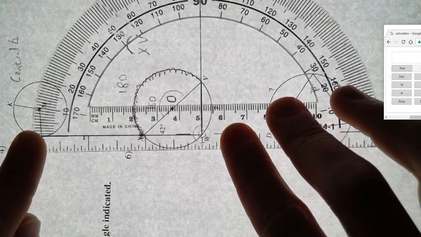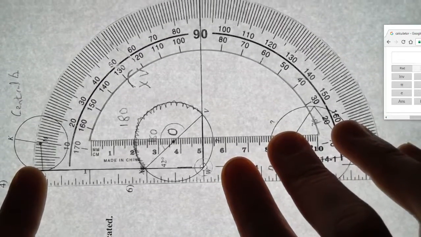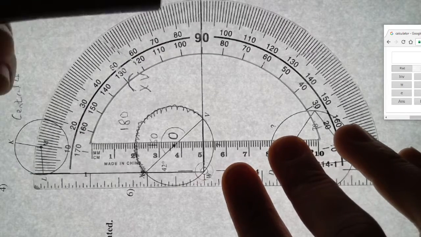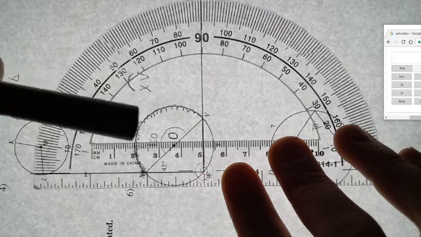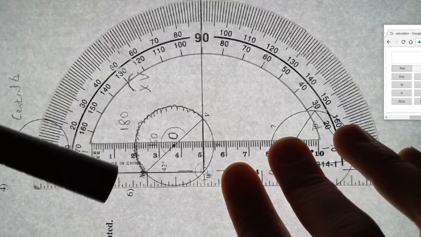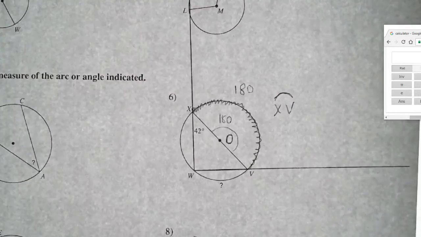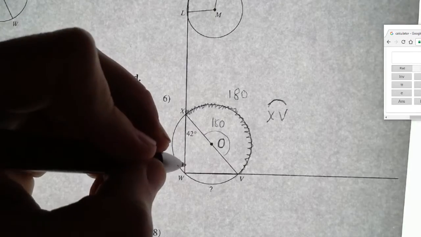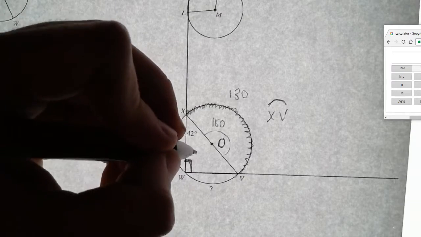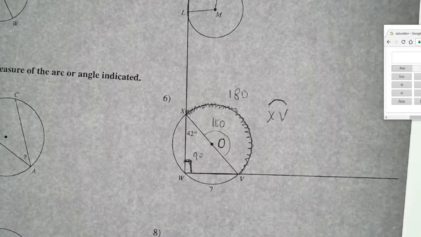And you can see, if I bring the paper down a little bit, that the measure of my inscribed angle here is exactly half of the 180. My inscribed angle is measuring 90 degrees. So here I'm going to say that the measure of angle XWV is a right angle, which is 90 degrees.